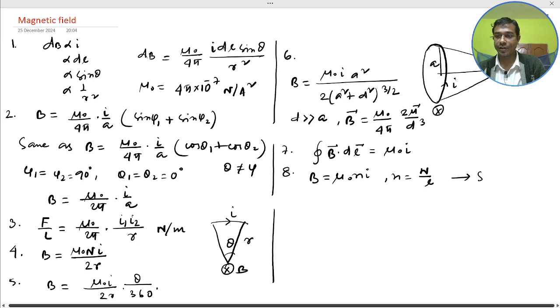This is for the solenoid. Next one is for the toroid. The magnetic field would become mu naught N I by 2 pi r for the toroid.